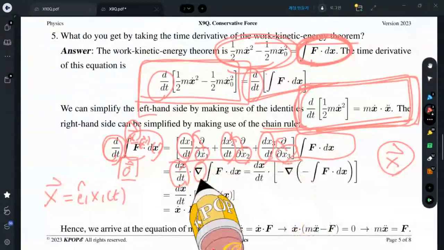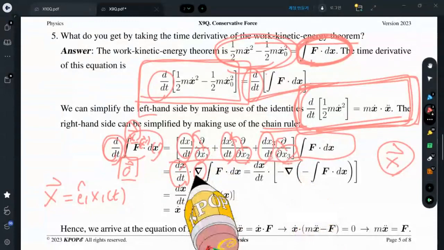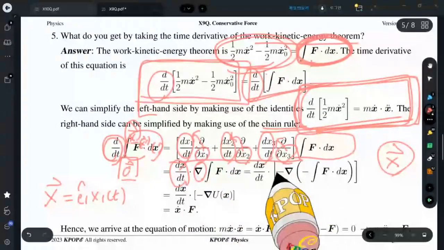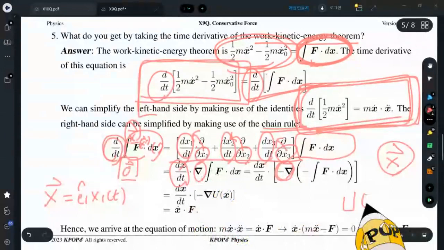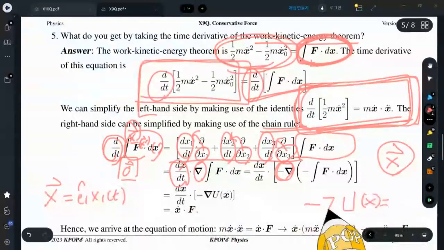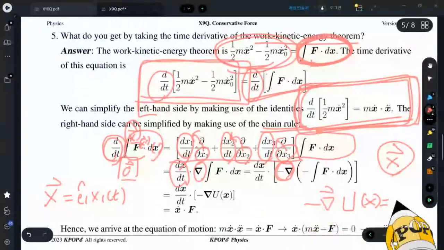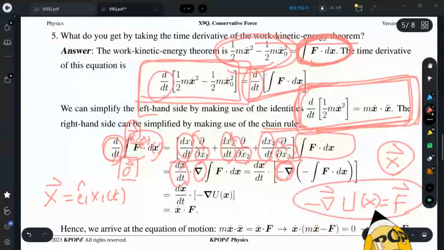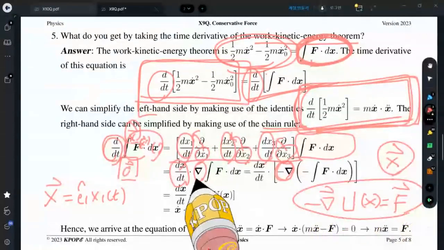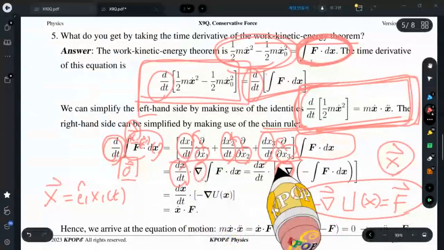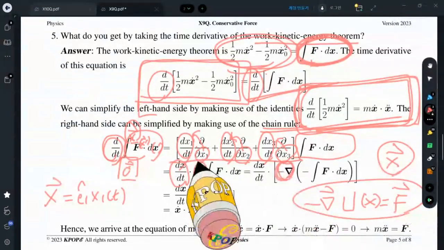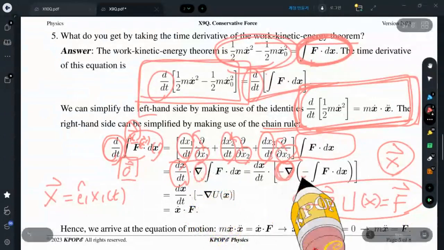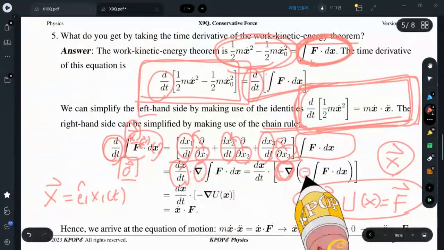By the way, is there any function whose negative gradient reproduces the force? Okay, let's see. Pull out the negative gradient, and because it was just a simple gradient, I insert the negative sign inside the parentheses.